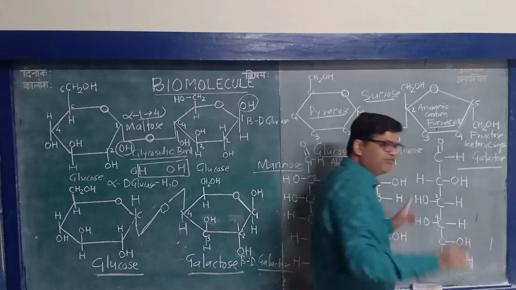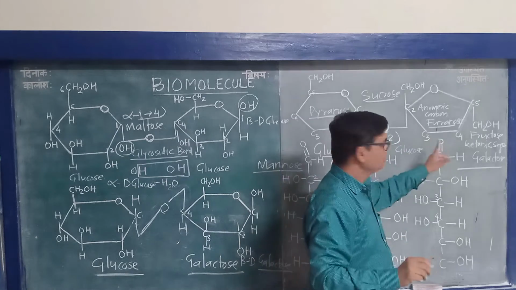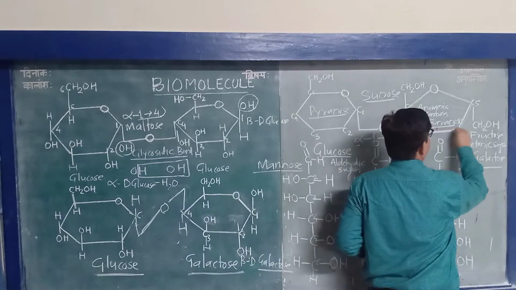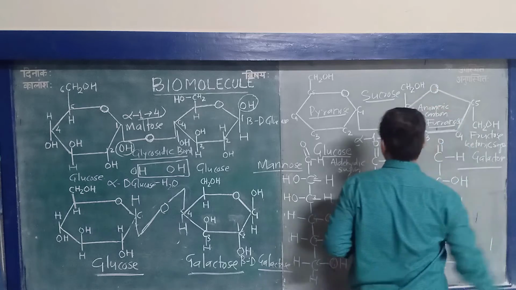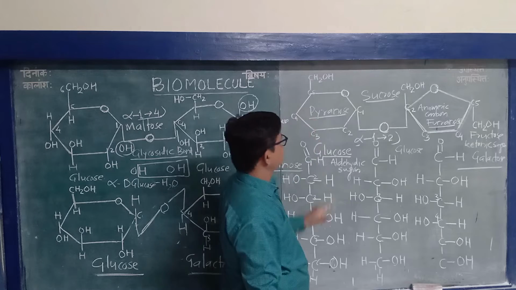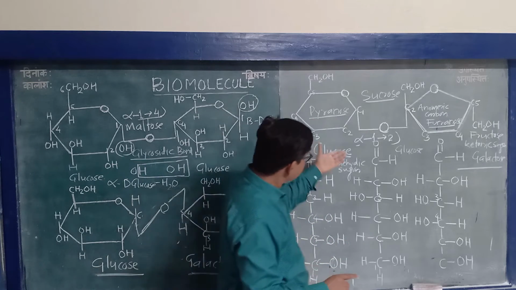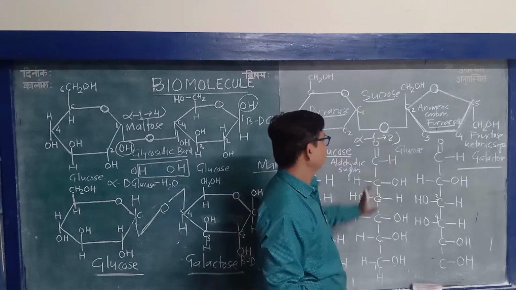Furanose means F for furanose and F for 5, so 5F, F. Remember it like that. So that is a 5-membered ring structure, and in the other case it is a 6-membered ring structure. So that's why we are indicating the linkage between this 1 and 2.